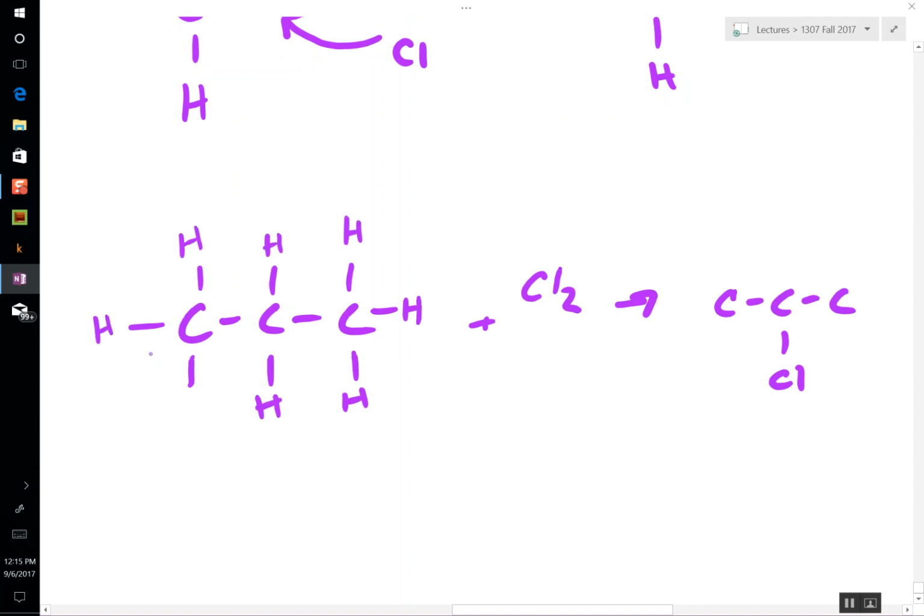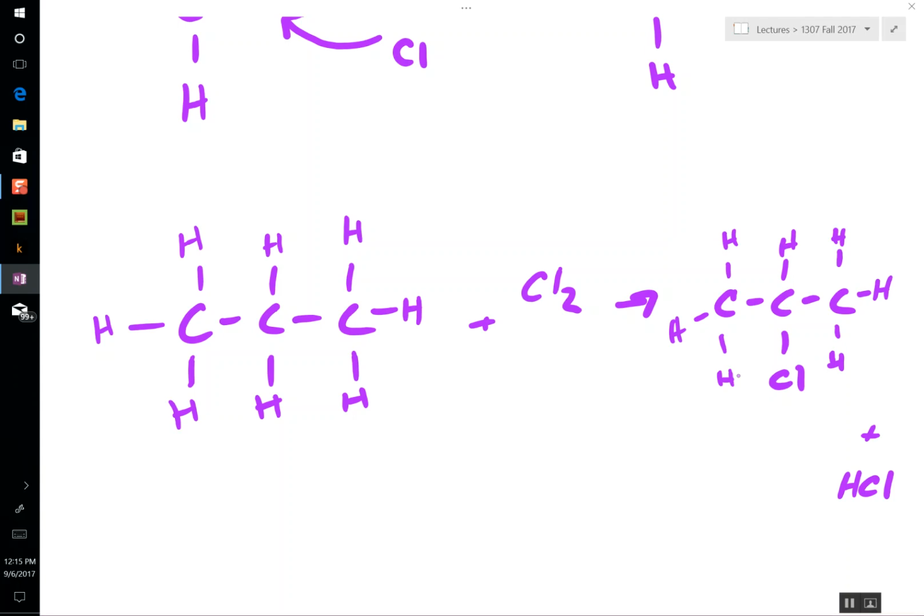Probably wherever it can take the place of a hydrogen is going to happen. And then there's going to be HCl as well. So there's the halogenation of propane. That's the chlorination of propane, which the general reaction is halogenation.